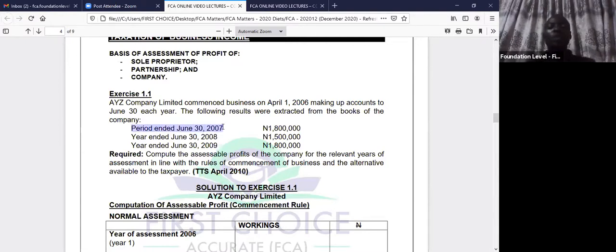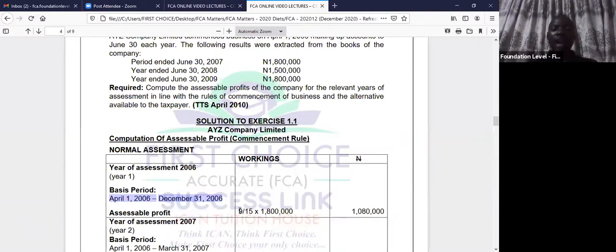So 9 months plus 6 months means that this period is a 15-month period. And what do we do? We are taking 9 months out of it. So we come here and say 9 over 15 multiplied by that figure there. And it gives us 1,080,000. So this figure is representative of your assessable profit from April 1, 2006 to December 31st, 26.